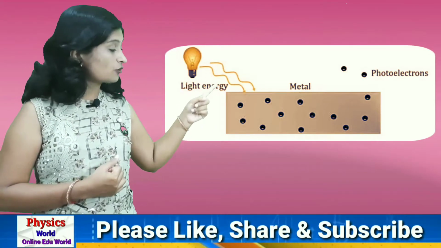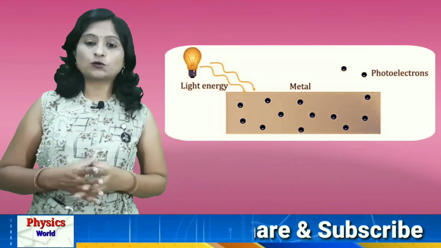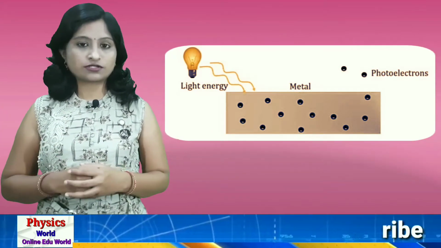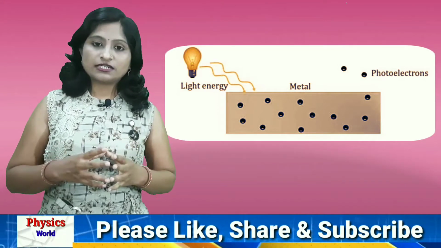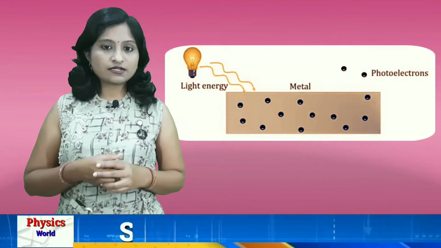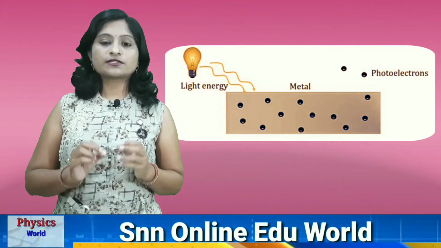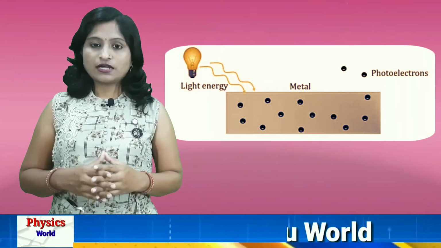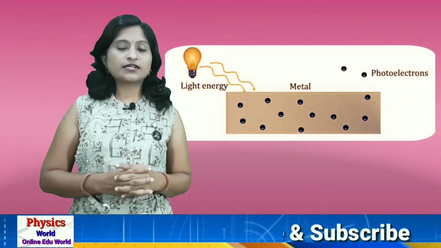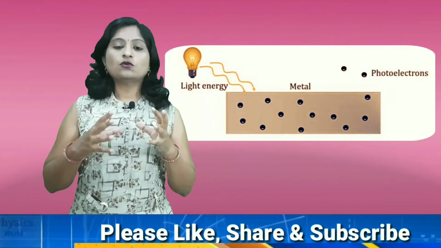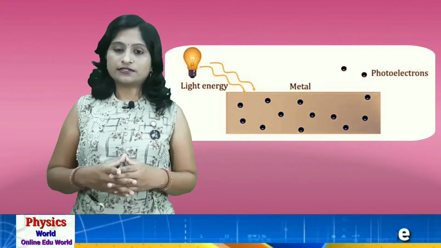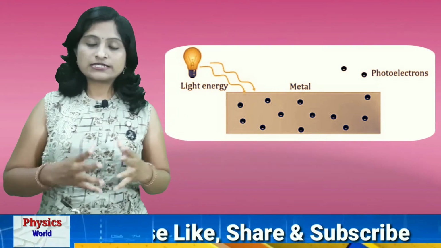Due to the photon energy, these free electrons are called photoelectrons, and the motion of electrons causes current. This current is called the photoelectric current, and this total effect is called the photoelectric effect. So here the light energy converts into electrical energy. I hope you understand this concept.